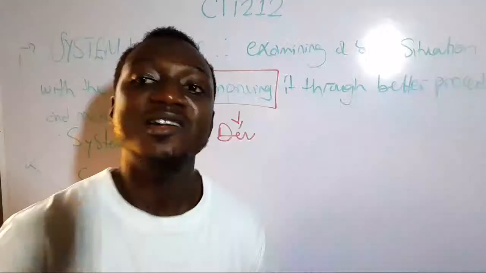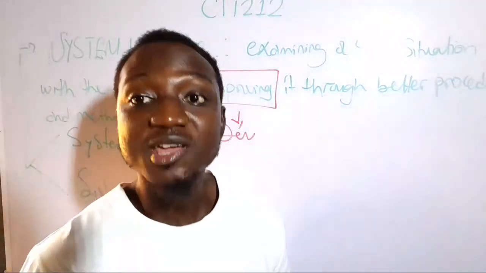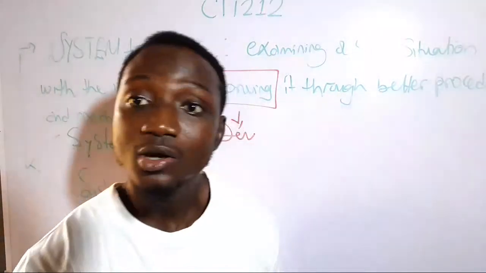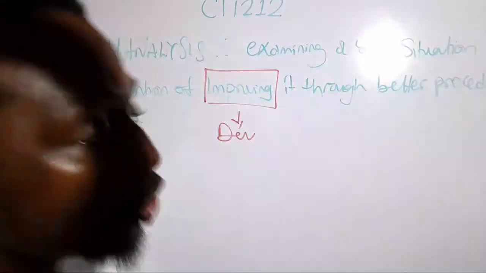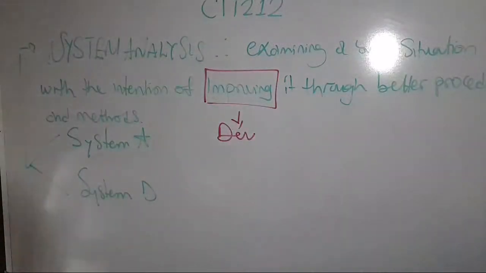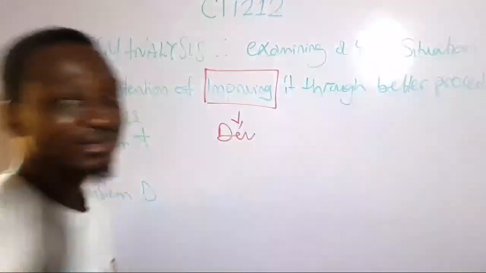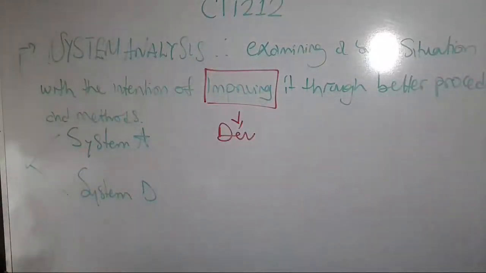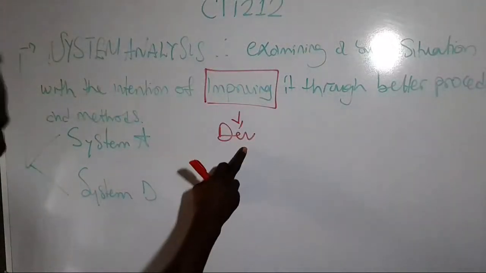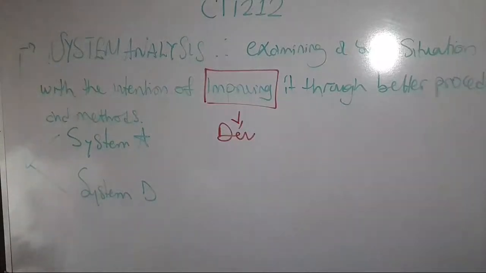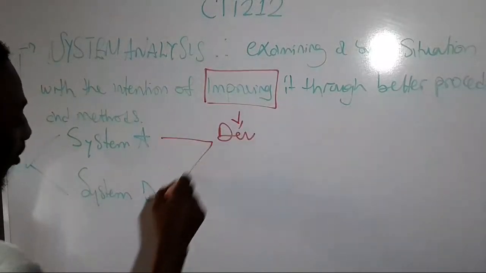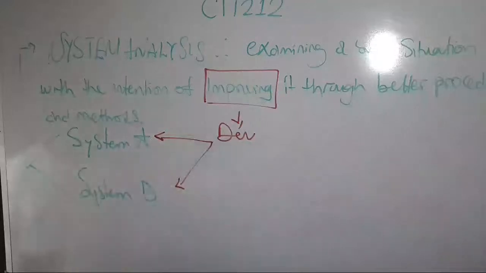If you are degrading a system for a purpose, it will be a profiting purpose to yourself, and for doing so, it is indirectly or directly development. So this system development has two major components, which are system analysis and system design.